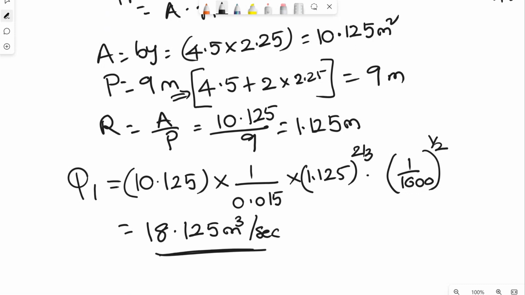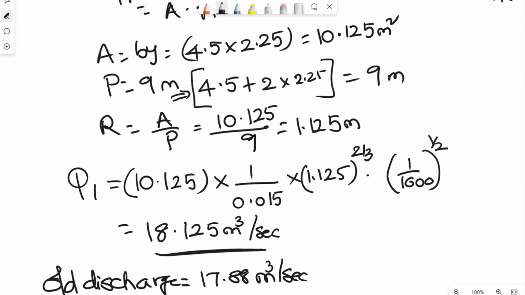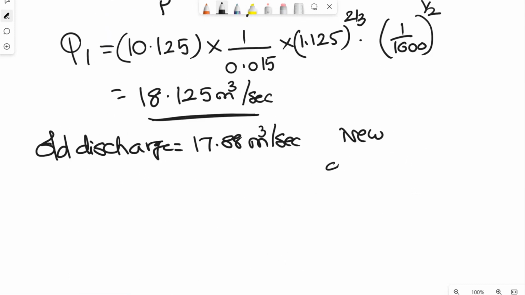The original discharge which we have calculated, the old discharge, is 17.88 meter cube per second. The new discharge is 18.125 meter cube per second.